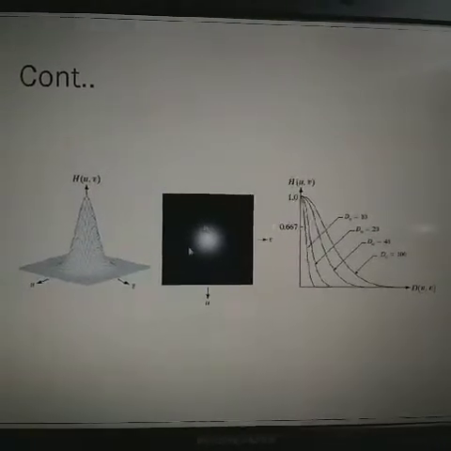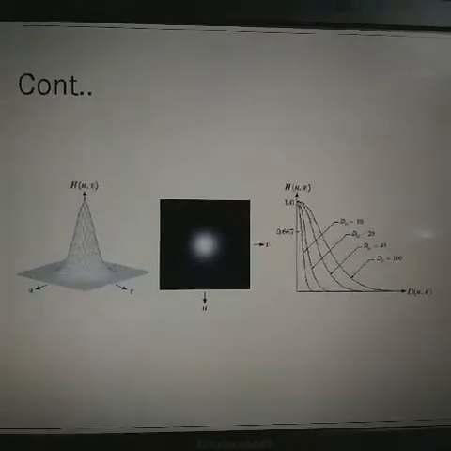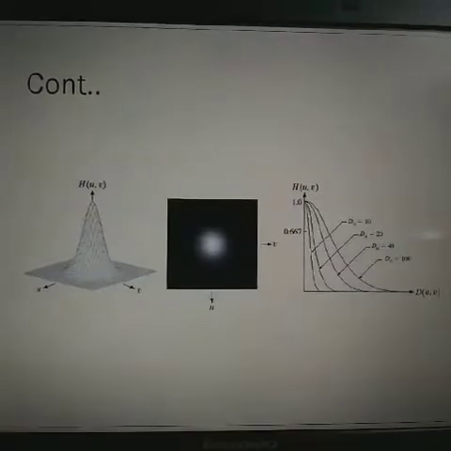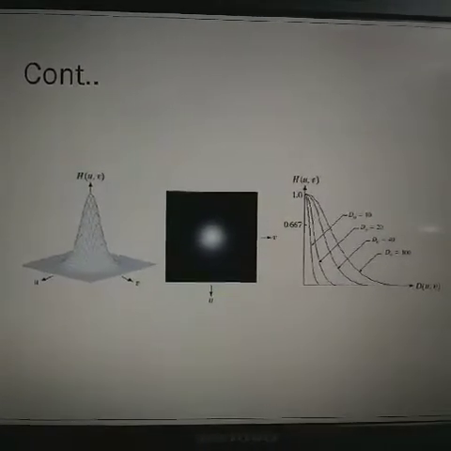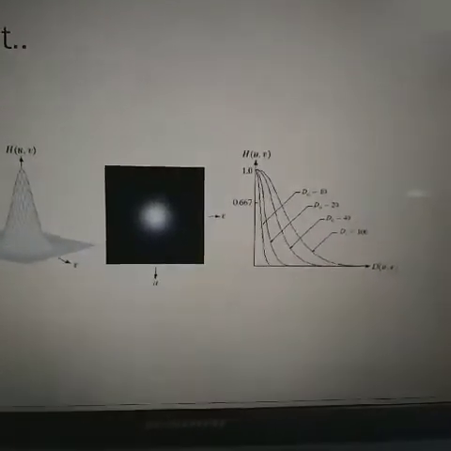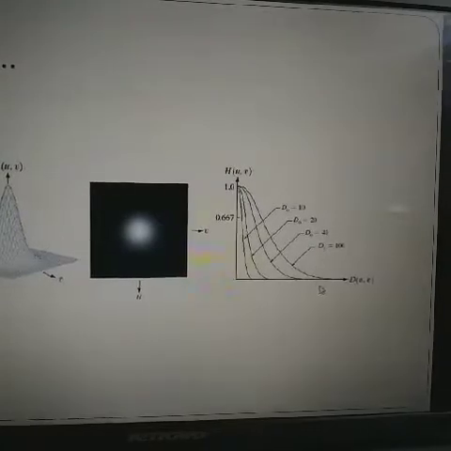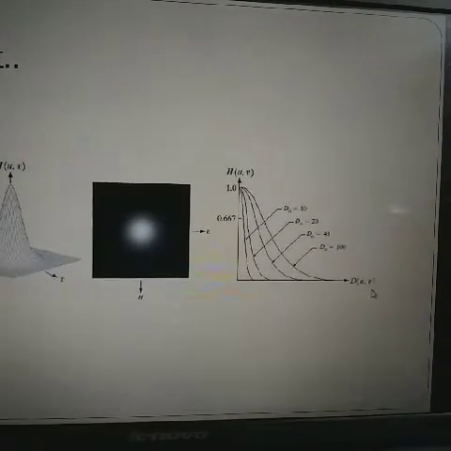The visualization becomes more blurred as we move away from the origin, because we are ignoring the high frequencies. Here we have the relation between the filtered value and the distance D(u,v).